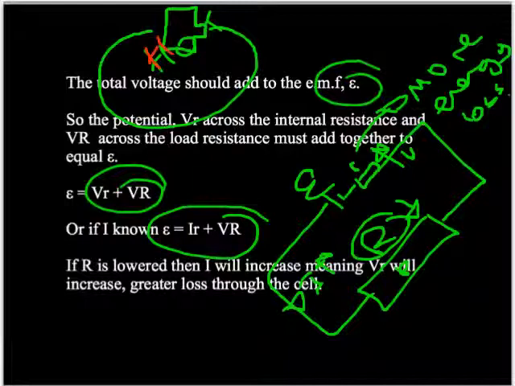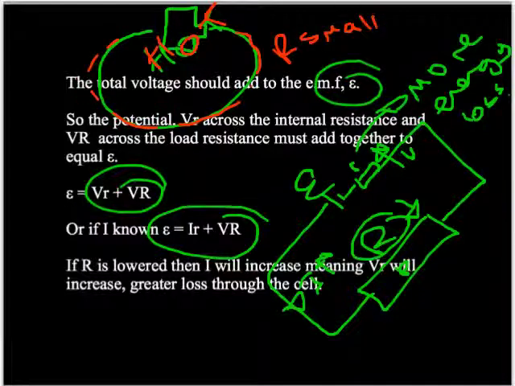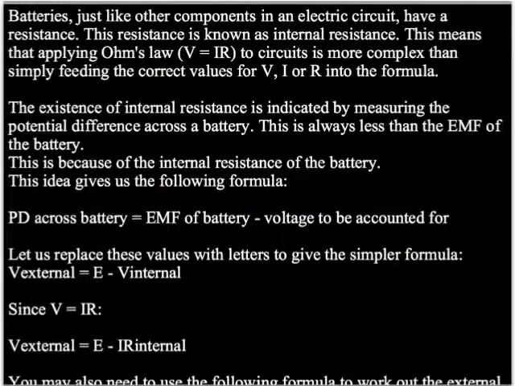It's going to be a very high current because there's a very small resistance around there. That means there's going to be a large voltage across the internal resistance, and the thing will get very hot there because that's where all the energy is getting converted. And that's what this page here is talking about.